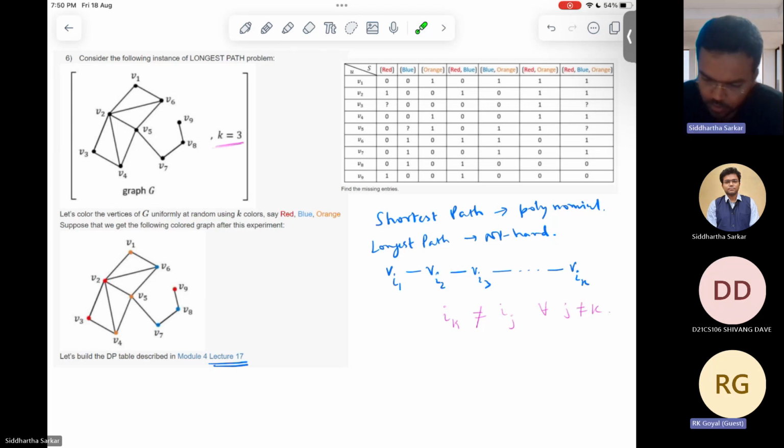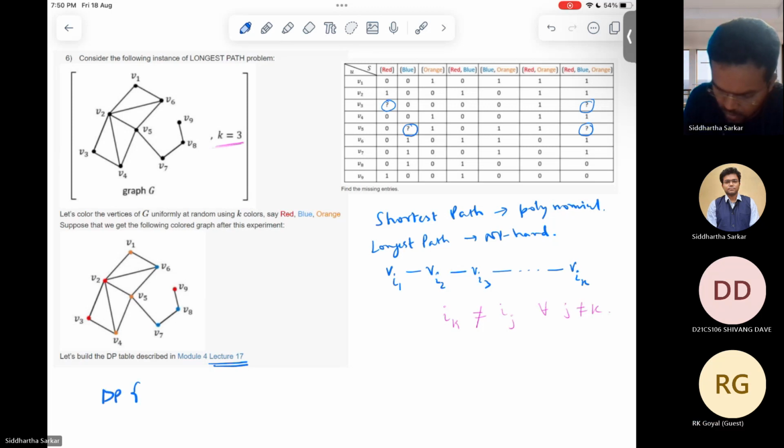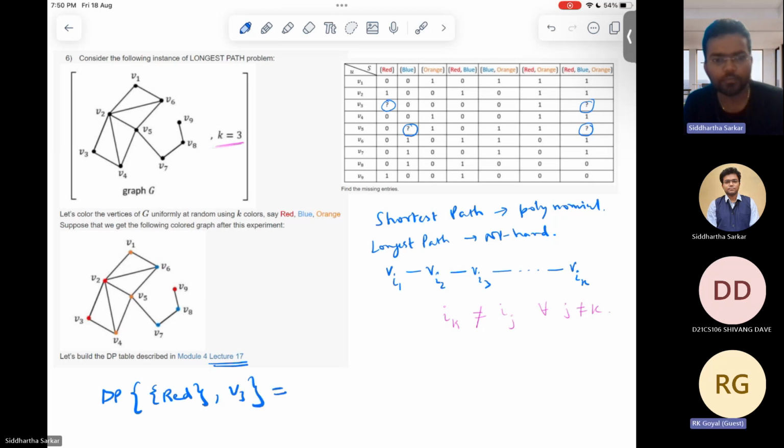Okay, so this DP table, I will define the entry of each DP. Right, so these values are missing. We're supposed to find these missing values. So DP corresponding to red and P3. So what does this mean?